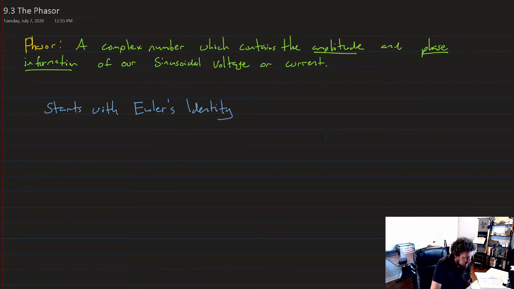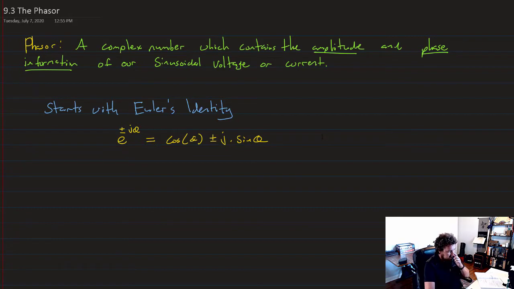Which is that e raised to the plus or minus j theta. Remember, j is the complex number, the square root of -1. In mathematics, they use i to represent this. Since we use i for current, we use j to represent our complex numbers. So that's equal to the cosine of theta plus or minus j times the sine of theta.